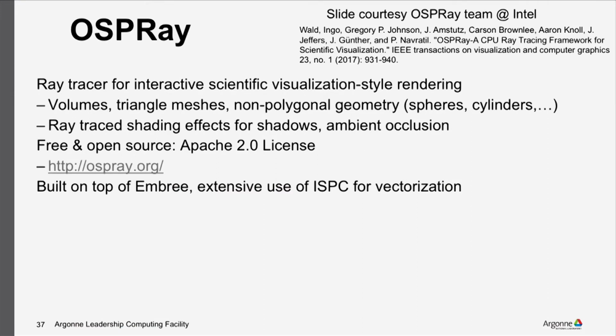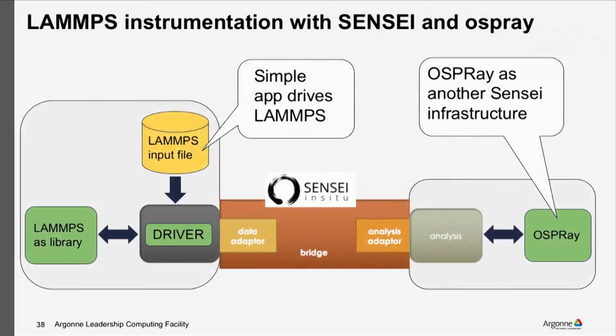So OSPRay is available online. You can download it, build it, and try it on your own computers. And we're working closely with this team because this is something we want to enable. And actually, we have enabled it already.